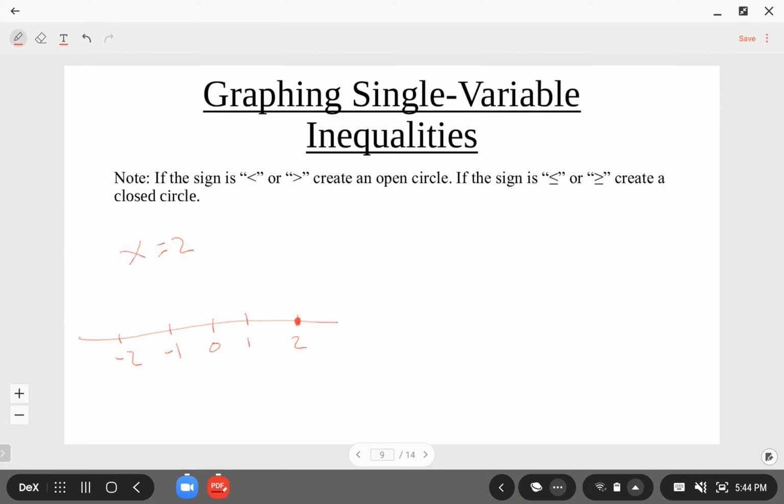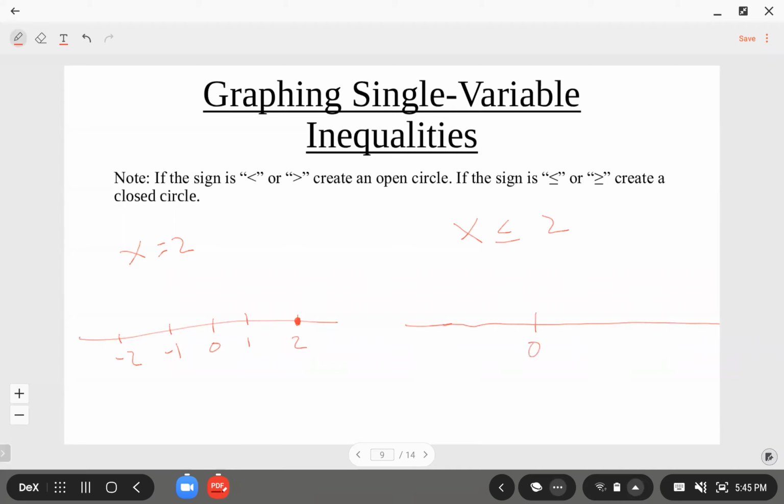Okay, so x is less than or equal to 2, okay? So let's say x is less than or equal to 2. That was not a straight line, so I'll redraw it.